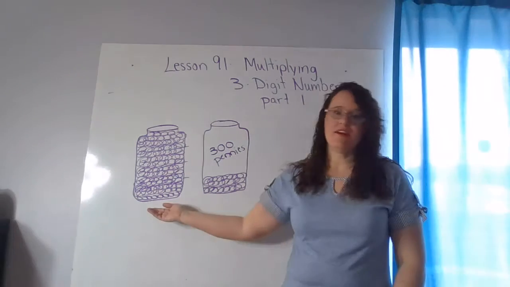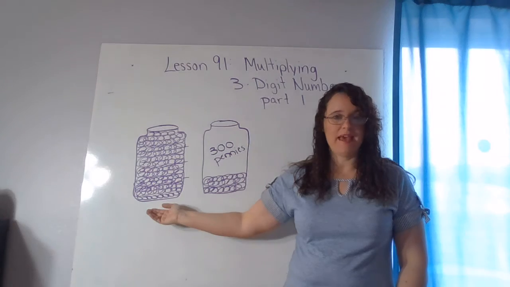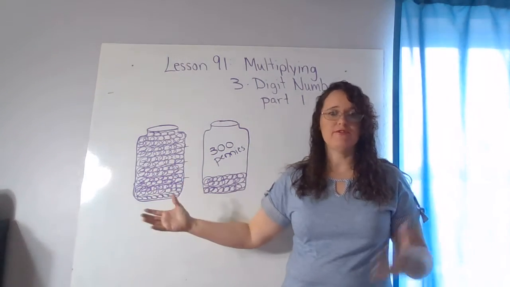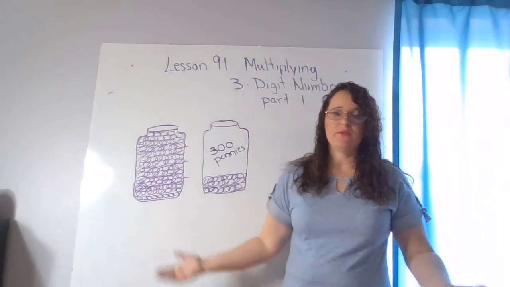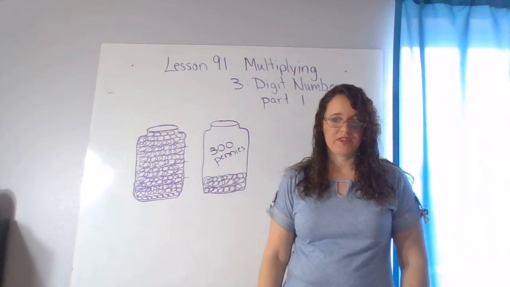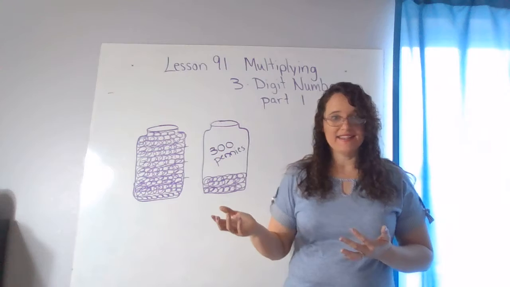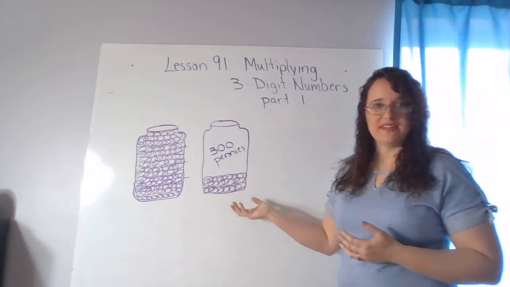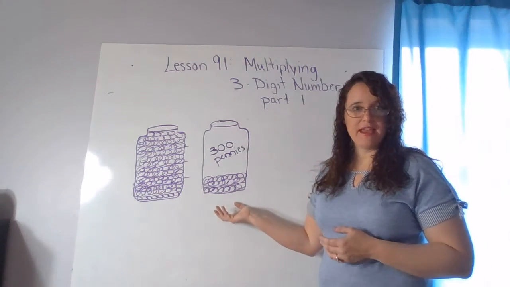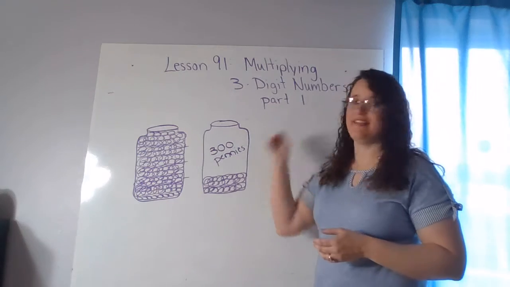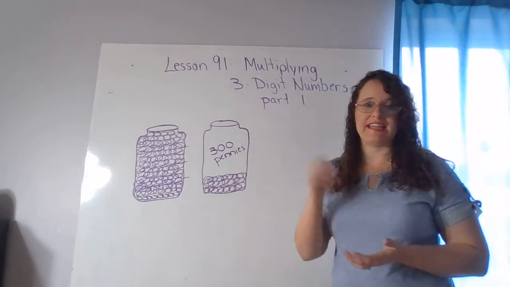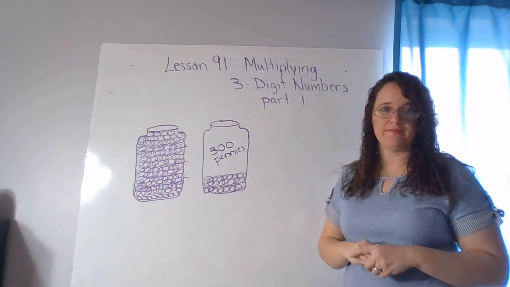So, in our example, we have a penny jar. It's a big jar full of pennies, and we don't know how many pennies there are. So, in order to make a more accurate guess, our children in this example took another empty jar, same size jar, and they filled it with 300 pennies. They counted them out, all 300.